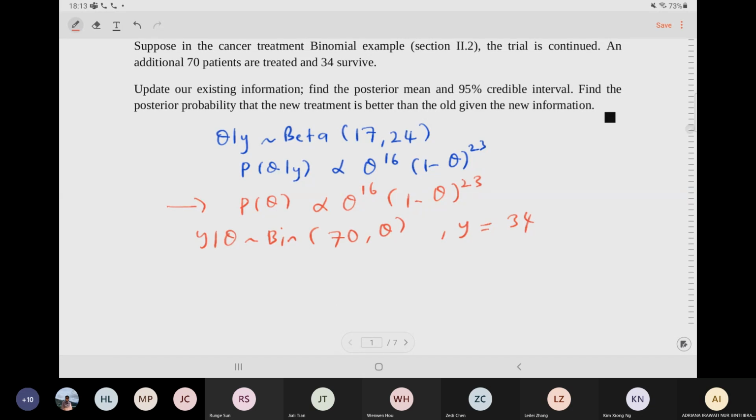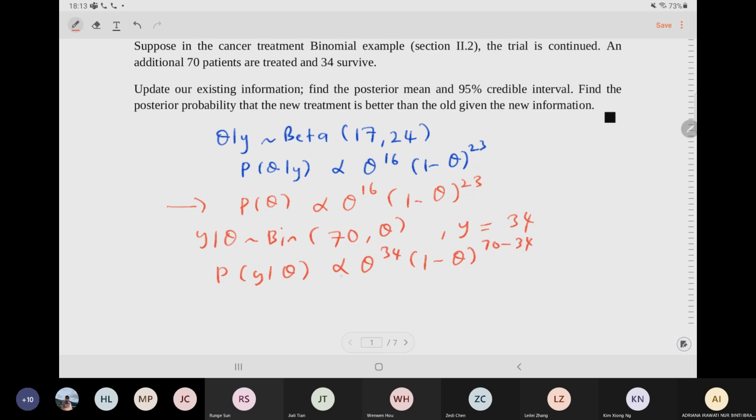If you look at the previous example, your likelihood, or your joint PDF, is proportional to theta to the Y, which is 34, times 1 minus theta to the n minus Y, which is 70 minus 34.